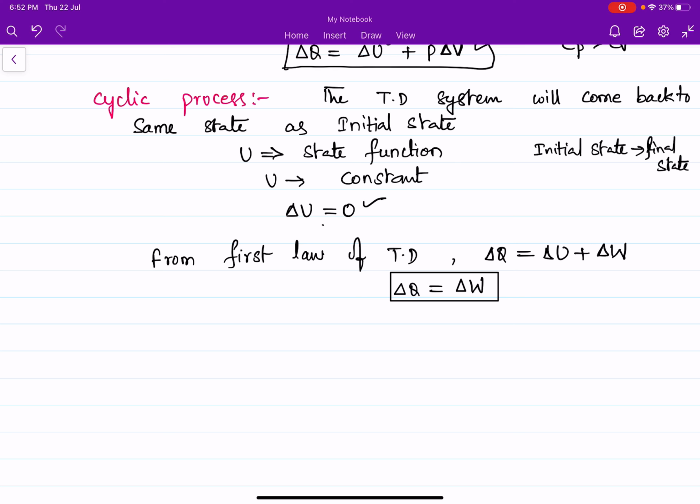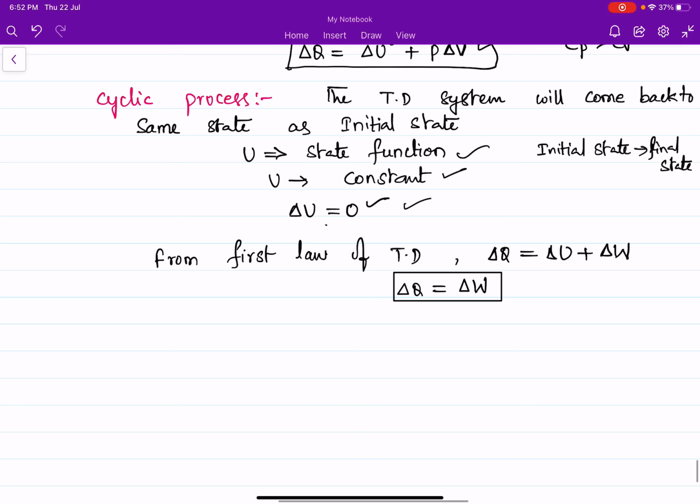As internal energy is a state function, internal energy is constant, that means change in internal energy equal to 0. So from first law of thermodynamics, delta Q equal to delta U plus delta W. I am keeping 0 in the place of delta U, so simply delta Q becomes delta W. So whatever the amount of heat energy supplied will be utilized as work done by the system on the surroundings.